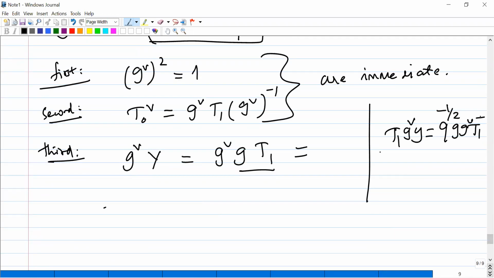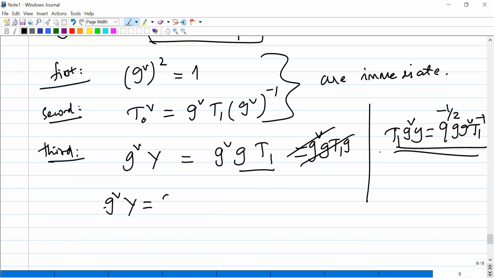So this is equal to this. That means I can multiply this G and G inverse. Let me write it here: G check Y equal to G check GT1, which is equal to Q power minus of T1 inverse G check.